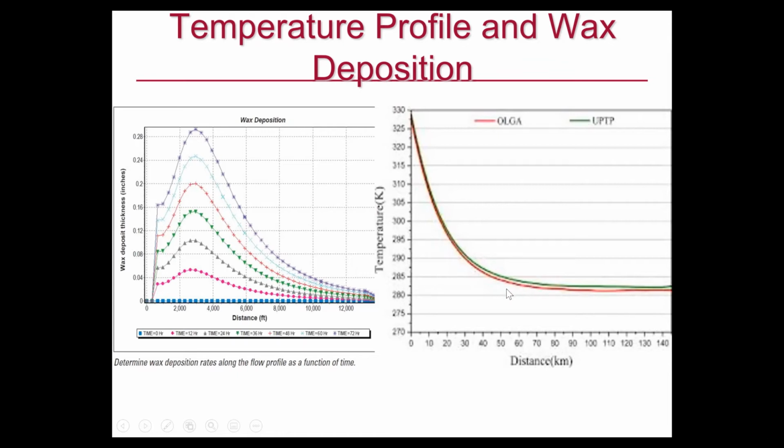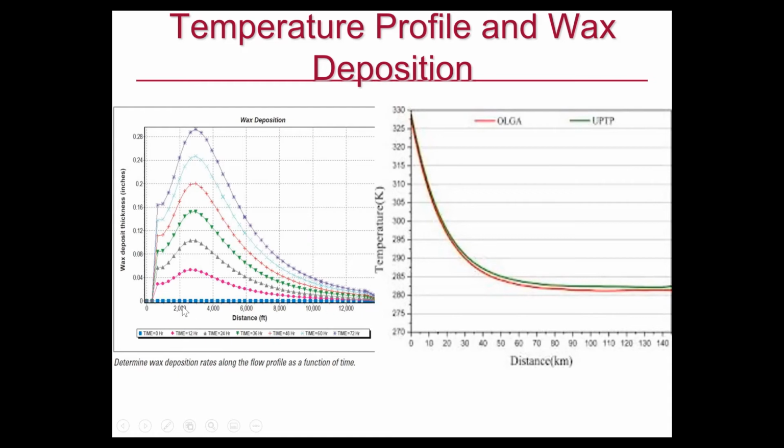So as you can imagine, when the fluid temperature reaches the seabed temperature, there is no drive for wax deposition. So you see that here, wax deposition has been reduced a lot.